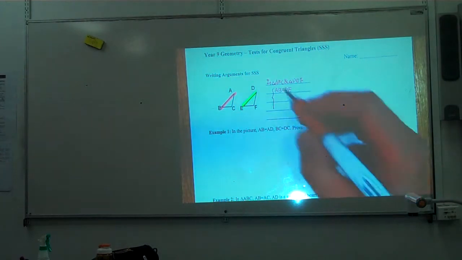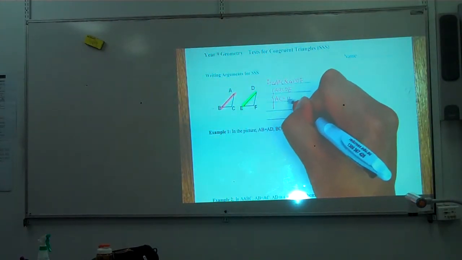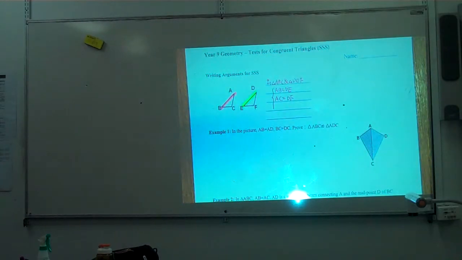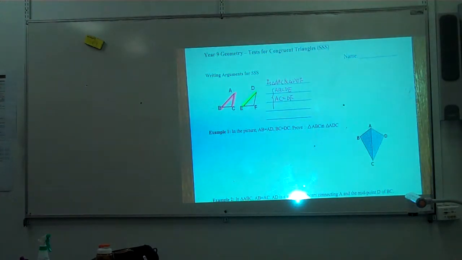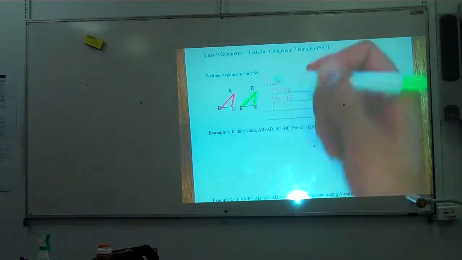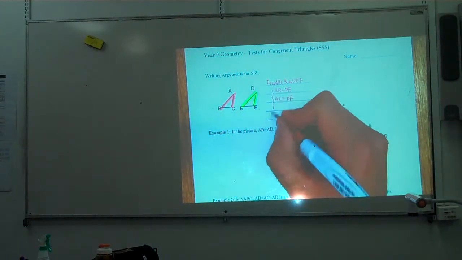Now, and then AC equals DF, and you may use any other colors. Okay? So let's do, you can use this and DF. Alright, the last one is BC equals EF.